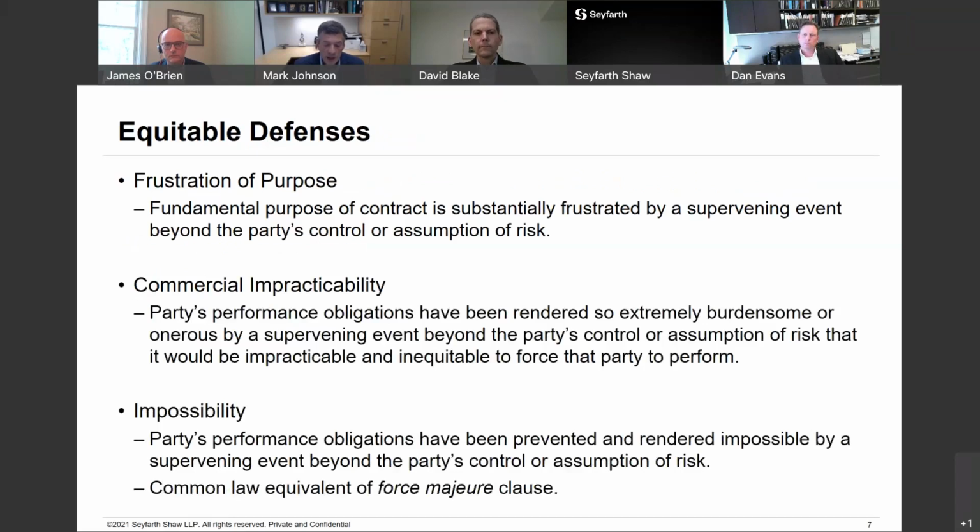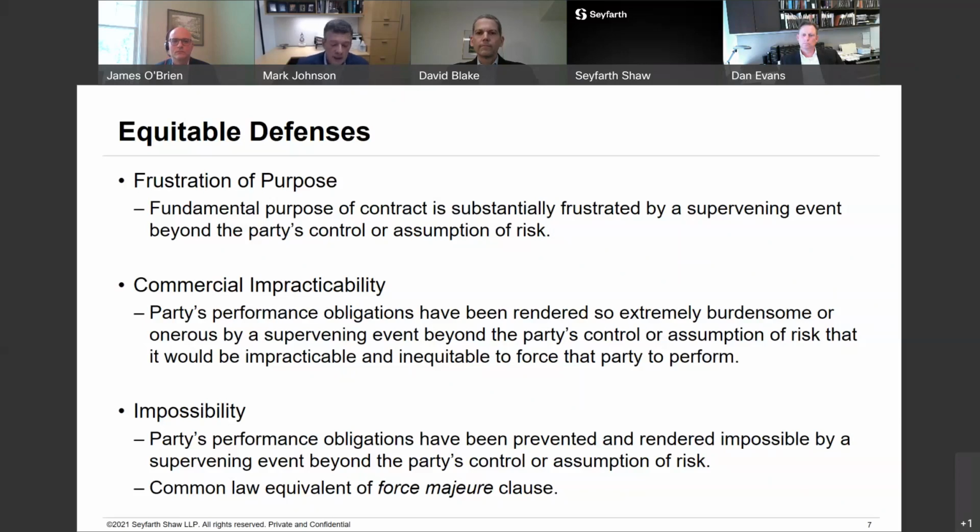What happens where the contract does not contain a force majeure clause, or it contains a force majeure clause that failed to sufficiently identify government orders or pandemics or health concerns, or like we just discussed, the catch-all language itself was deemed insufficient to capture the event? Parties have been turning to common law equitable doctrines to excuse performance, the most common of which are listed here.